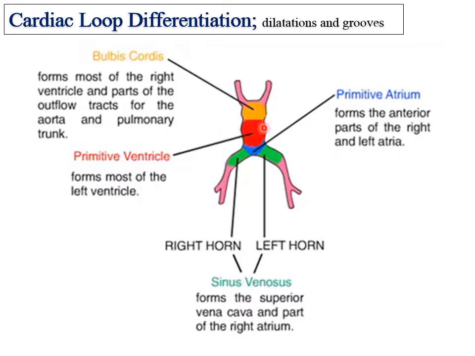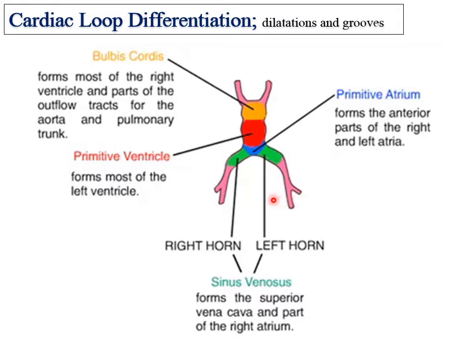Coming here, this red one is the primitive ventricle, forming most of the left ventricle. Here we come to the sinus venosus, which forms the primitive atrium in blue, forming the anterior parts of the right and left atria.